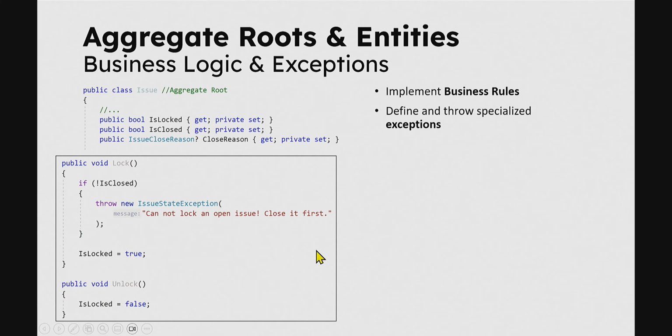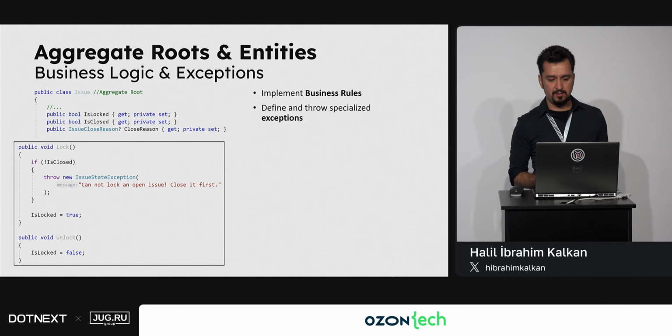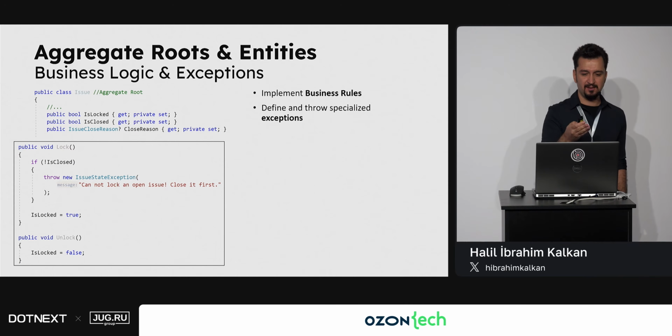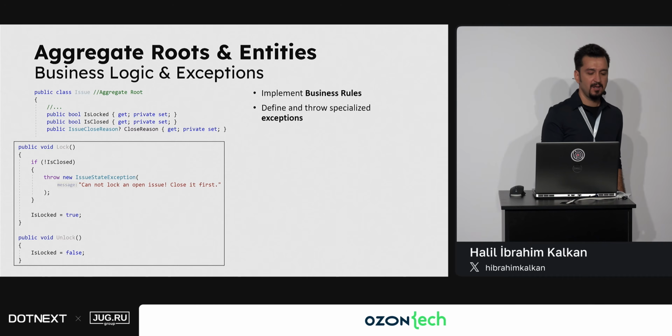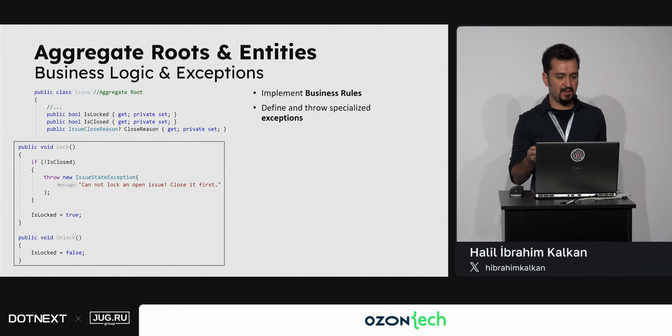In this case, I can define some exception classes and throw exceptions in these methods. Some developers may be scared to see an exception thrown from an entity, wondering what will happen. It's the responsibility of upper layers. So you just throw an exception if something is wrong, and if nothing is wrong, we can just set the Boolean.